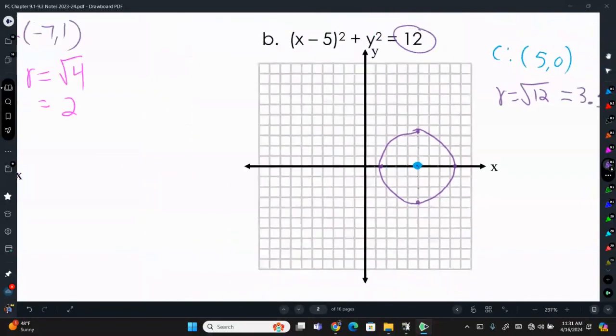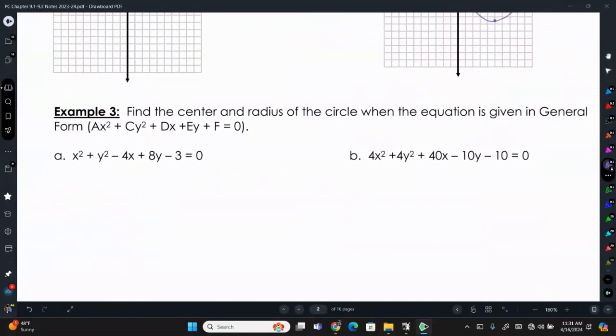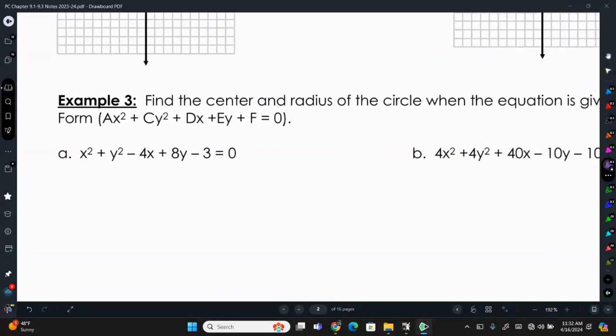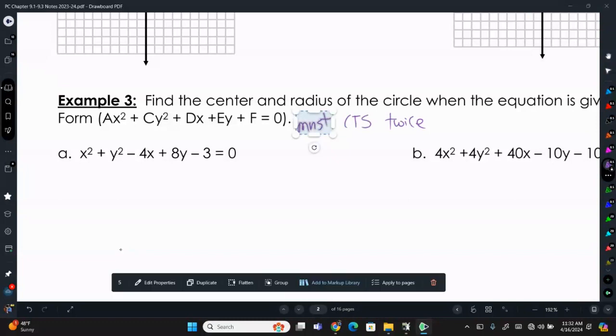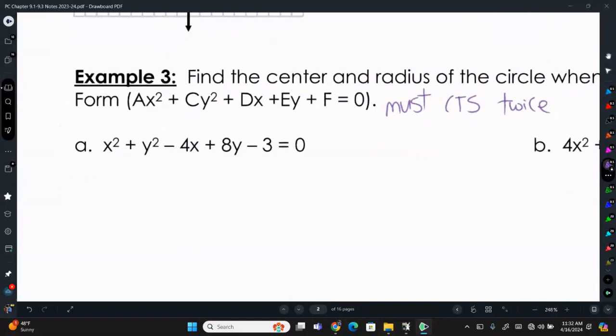All right, now the last example, find the center and radius of the circle when the equation is given in general form. So in this general form, we don't have h and k and r squared easily visible. So what we have to do is we must complete the square twice. Okay. So we do it for the x's and we do it for the y's.